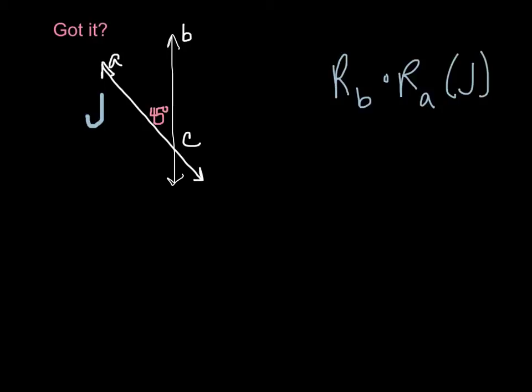So the first thing we're going to do is reflect this letter J over line A. So if I folded line A, I would get something that looks like that. If I now reflect that letter over line B, I would get something that looks like that.